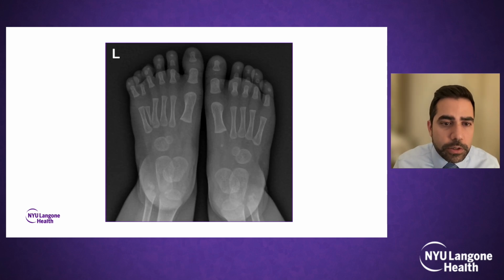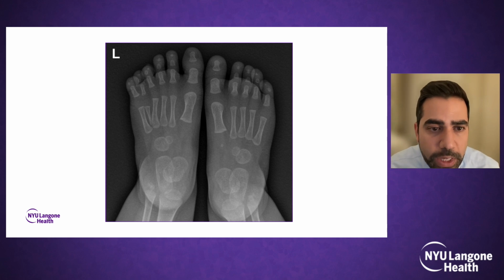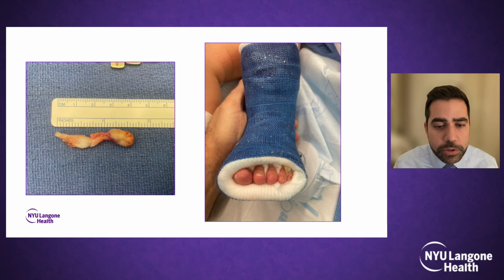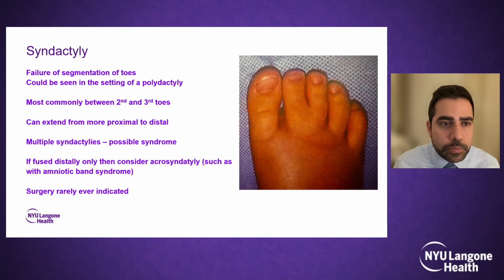However, when you look at the X-ray, that fifth metatarsal is significantly underdeveloped, and that's clearly the toe that needs to go. And so in that case, instead of the more lateral one, the more central one was taken out, and here you can see it excised along with the underdeveloped metatarsal that came with it. And that was the resulting appearance of the foot.